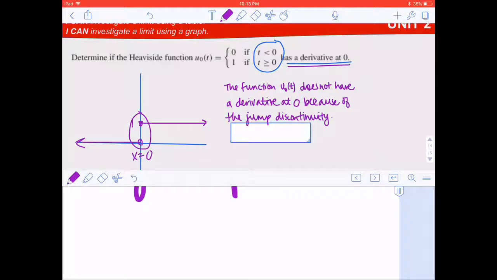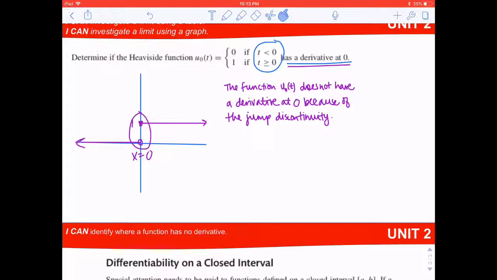And that's it. Because it's discontinuous, we automatically know the derivative does not exist.